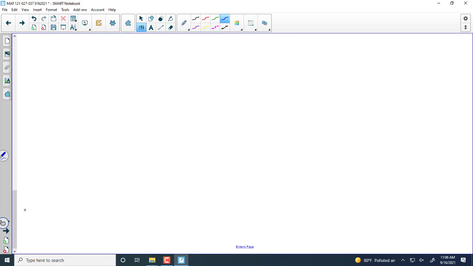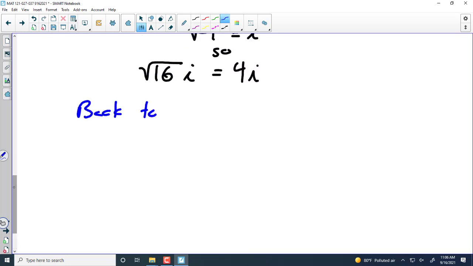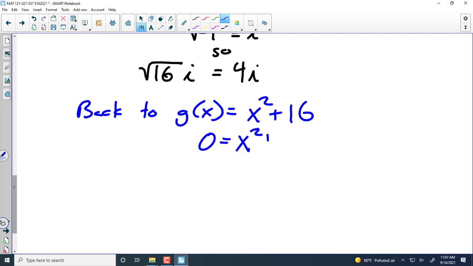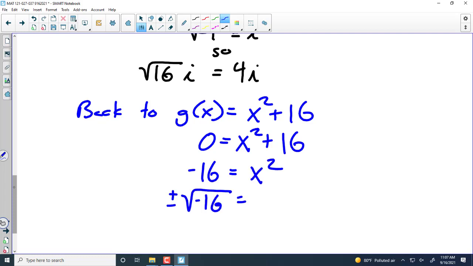So, when I was told to do this problem, to find the zeros of this, and I set it equal to 0, and I subtract the 16 from both sides, and I apply the square root property, the square root of negative 16 is the same thing as 4i.